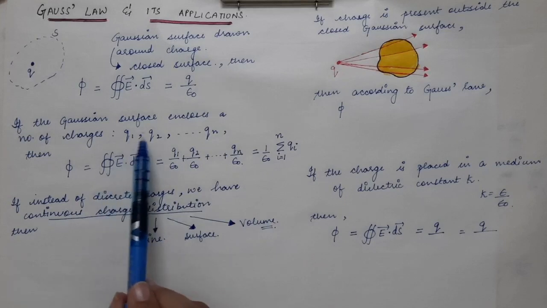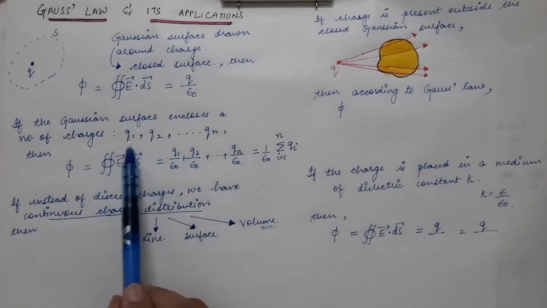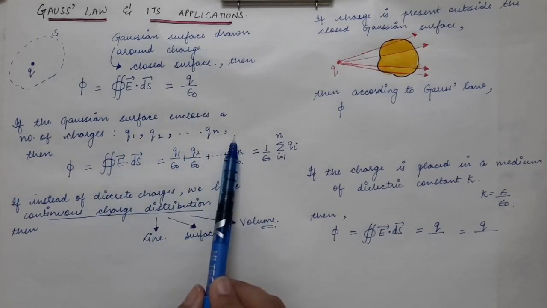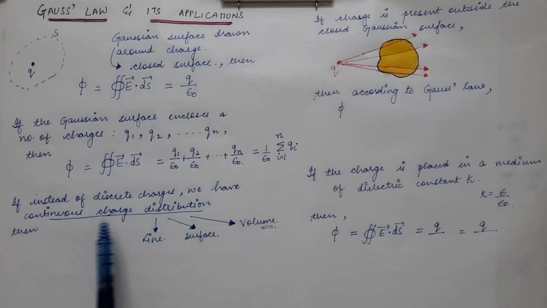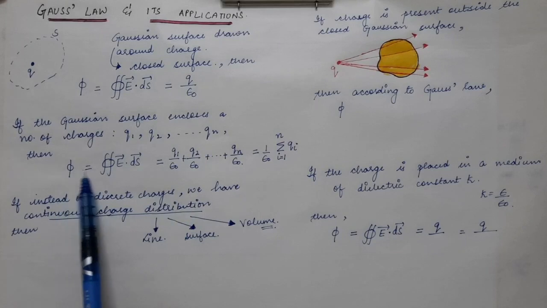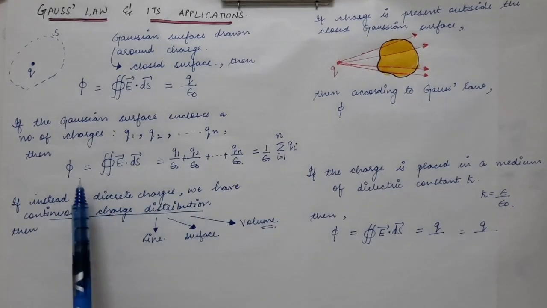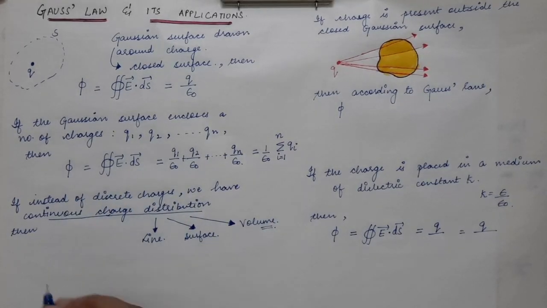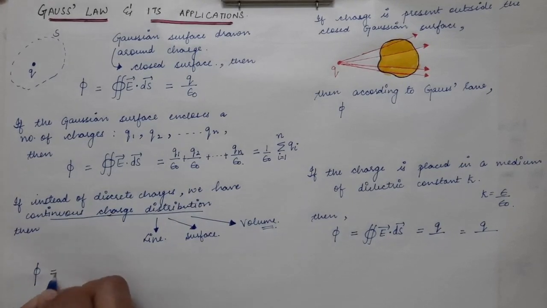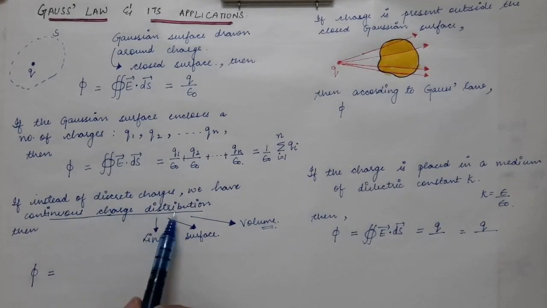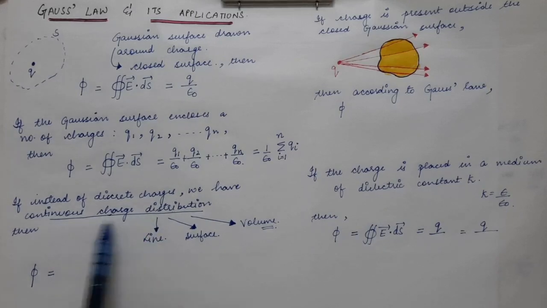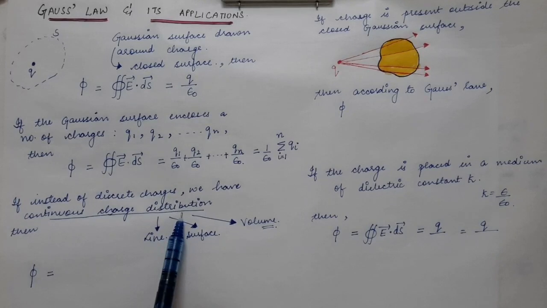So instead of q1, q2, q3 and so on, instead of these discrete charges, what if we have a continuous charge distribution? In that case, the concept will remain the same, that is, the flux which is crossing the Gaussian surface in the case of a continuous charge distribution. First of all, we will draw a Gaussian surface which will enclose this continuous charge distribution.